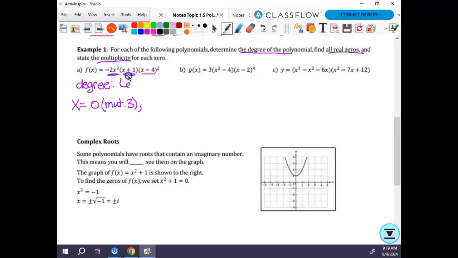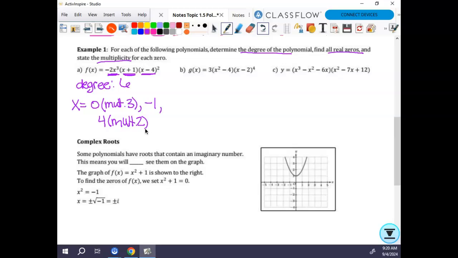And then this is just negative 1, and it doesn't have a multiplicity. This is 4 with a multiplicity of 2. What questions you got? We good on that?